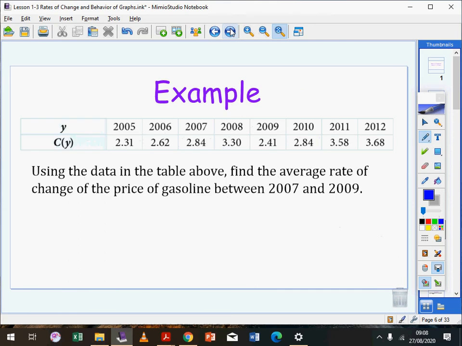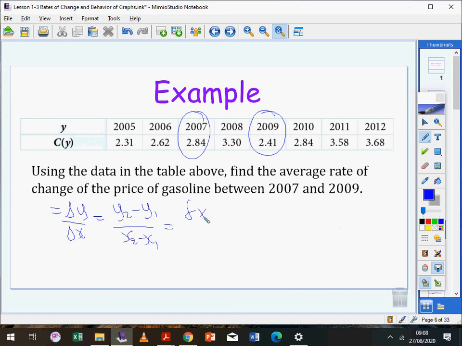So an example is here. If I want to find the average rate of change between 2007 and 2009, I know that that's going to be equal to delta y divided by delta x, y2 minus y1 over x2 minus x1. I can go further and say f(x2) minus f(x1) divided by x2 minus x1.